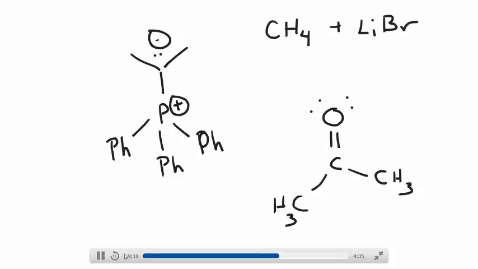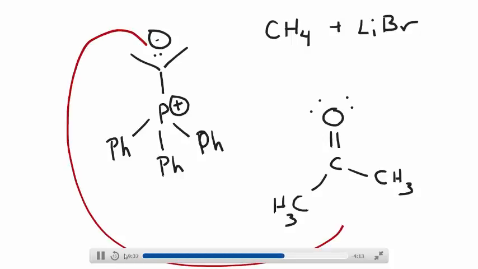And so the negative part of the ylide should be attracted to the positive part of the aldehyde or ketone, and the positive part of the ylide should be attracted to the negative part of the aldehyde or ketone. So this anionic part, this carbanionic part, will act as a nucleophile and add to the carbonyl carbon.